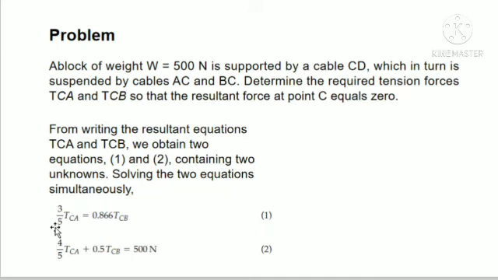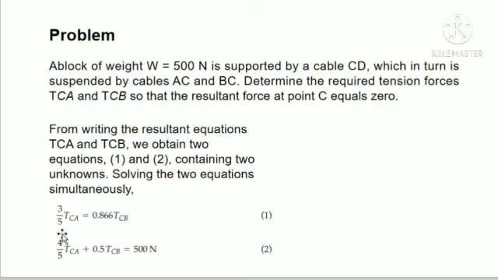So we have 3 over 5 tension CA is equal to 0.866 tension CB. So this is for the x-axis. Next is the y-axis.